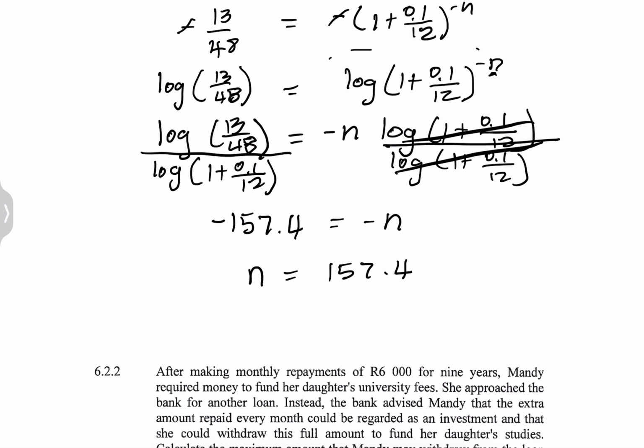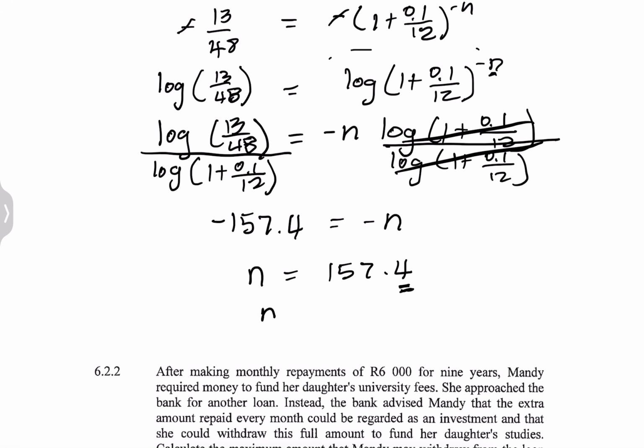So now it means that's the number of months. Please note, we say 157.4, but remember that 0.4 is actually a month as well. It's like saying 2.5 people. That 0.5 is actually a person. There's no 0.5 of a person, right?